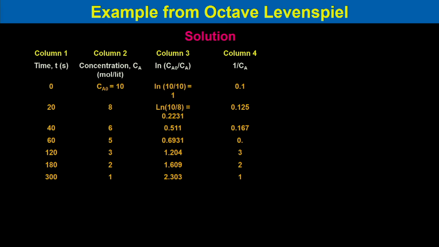Now, if we consider second order kinetics, we can write 1 by Ca minus 1 by Ca naught equal to kT for second order kinetics.